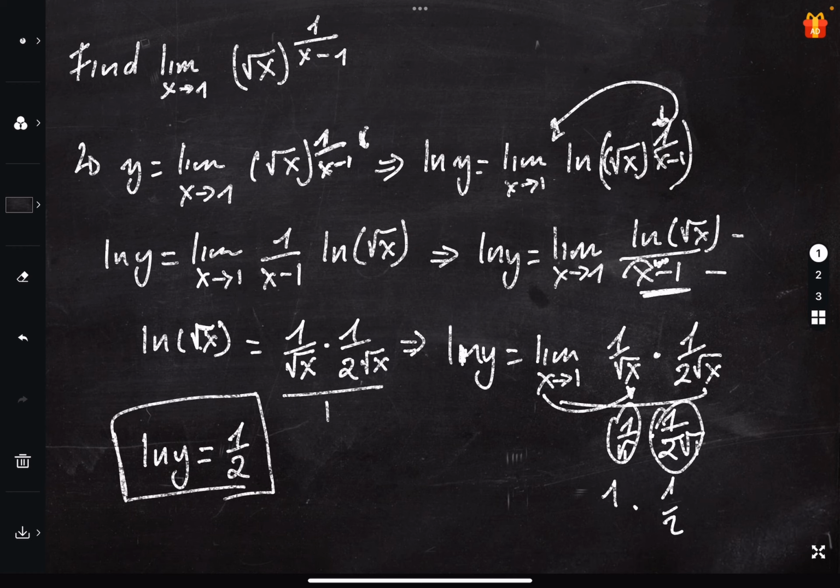This is part of the answer that we're trying to find. It's not the full answer. Once we find the natural log of y, what is its exact value, we want to make sure that we put it in such a way, right?